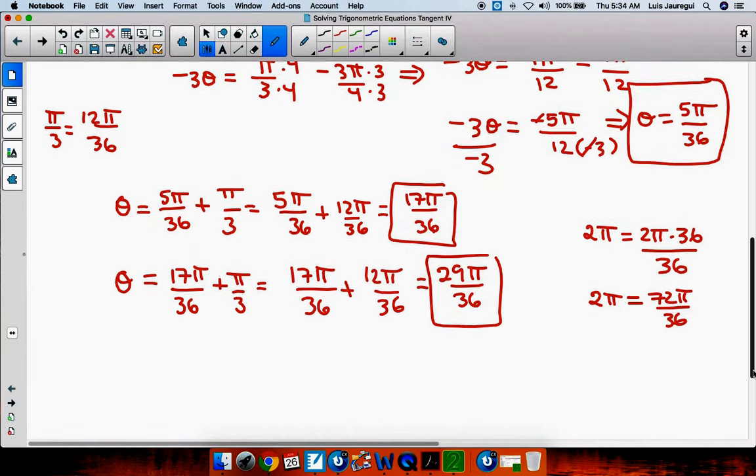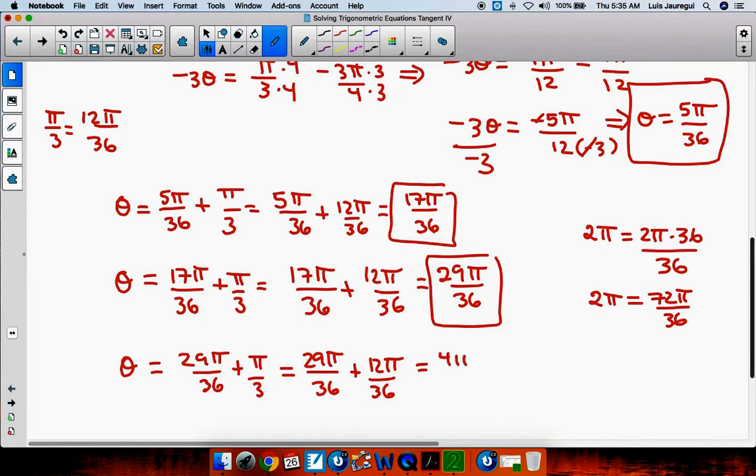So let's continue adding the previous angle to the period. So we have theta is equal to 29 pi over 36 plus pi over 3, which can be rewritten as 29 pi over 36 plus 12 pi over 36. Now this will give you 41 pi over 36.